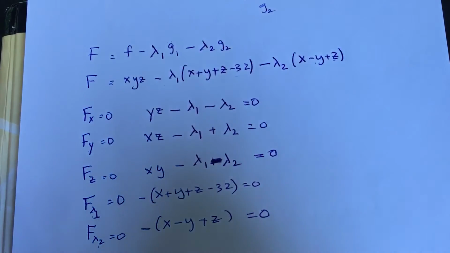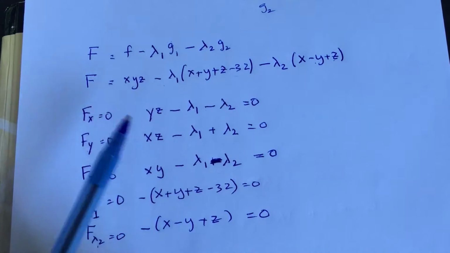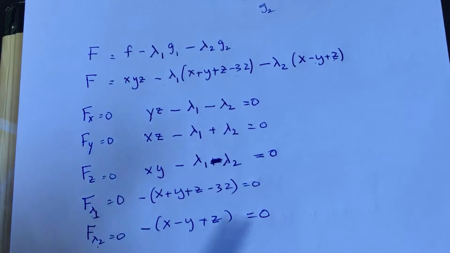So these are the equations. Notice that we have 5 equations and 5 unknowns: x, y, z, lambda 1, lambda 2. You should be able to solve it, right?